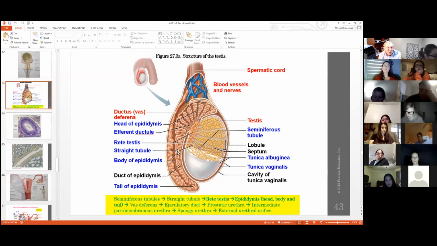An XY female would have male reproductive organs internally. Those testes never descended, but might have almost a vagina or at least partially developed. But they still have the male reproductive system inside.